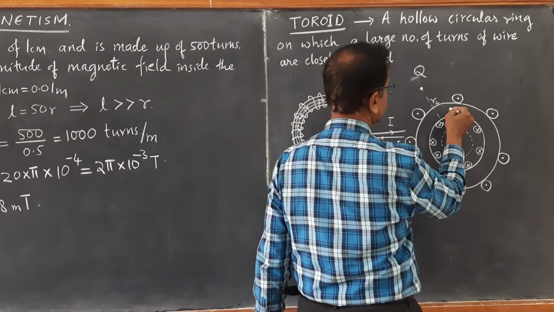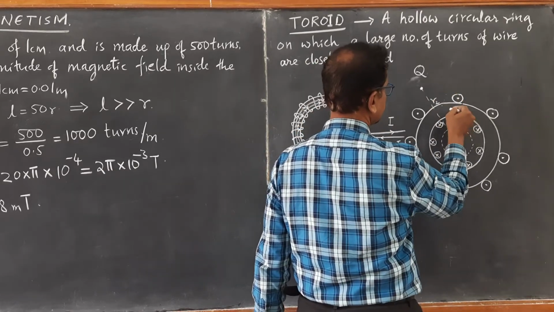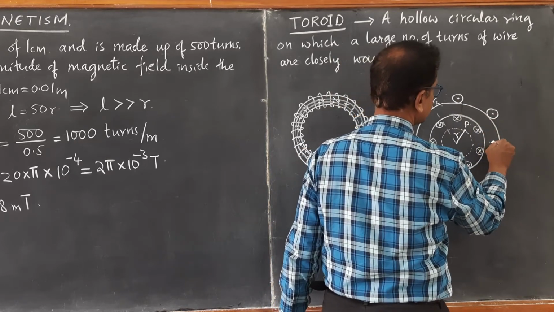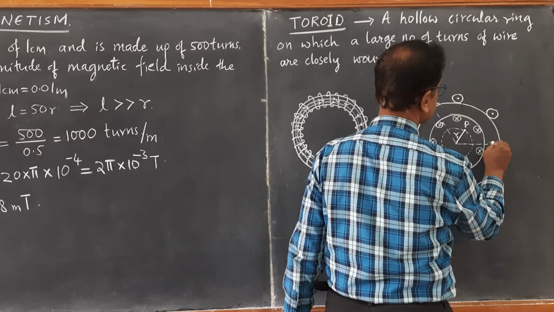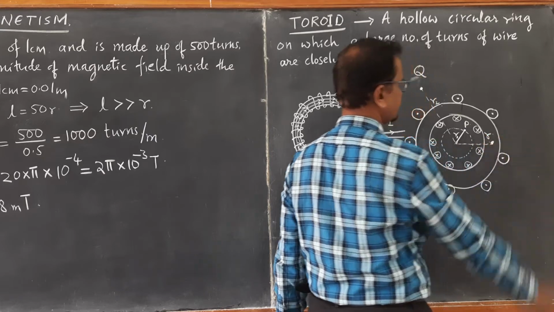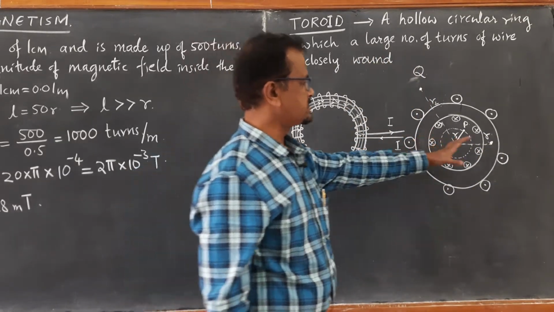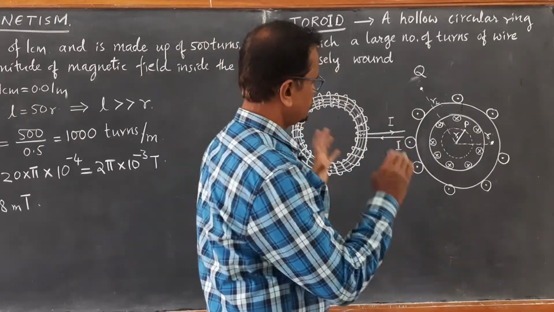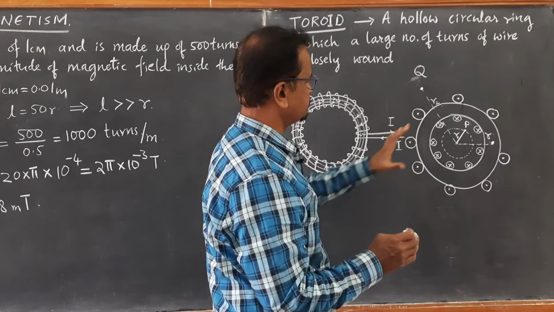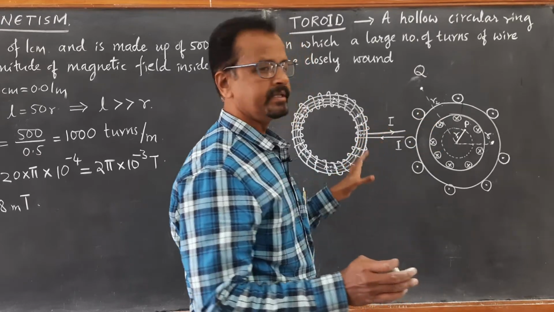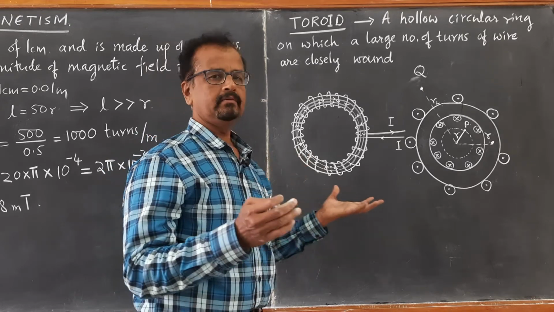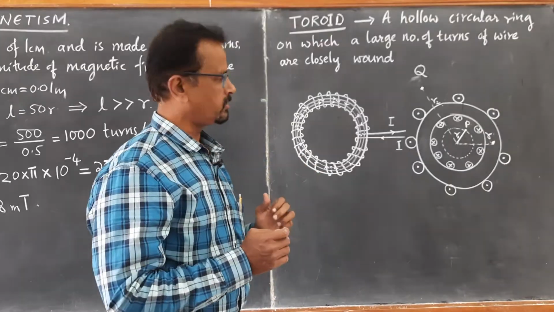And one more I am choosing, the internal point, which is at a distance, say R. So, you can say R is the mean radius of this ring. So, for these points I am drawing the Amperian loops, and then we are going to apply Ampere's Circuital Law.